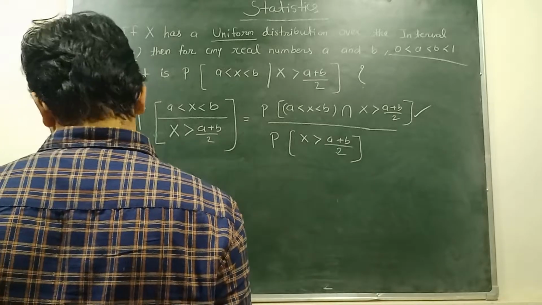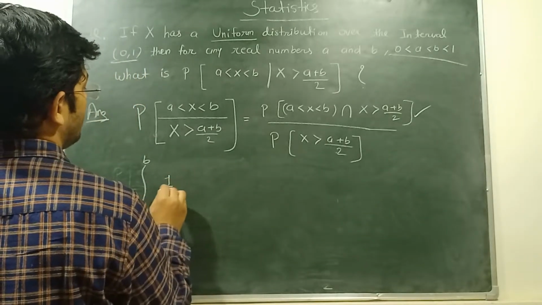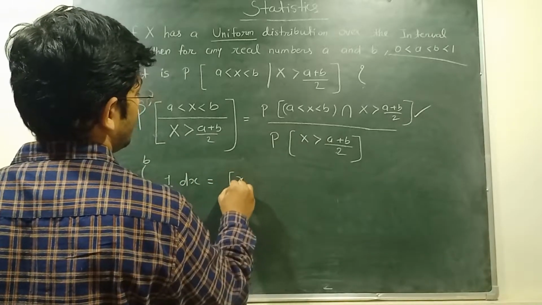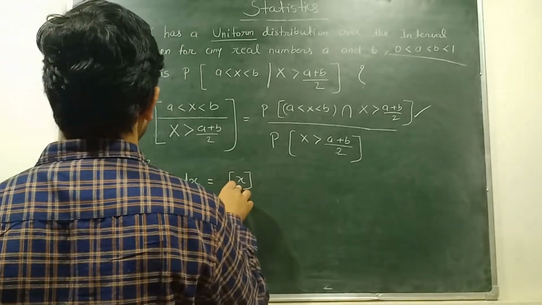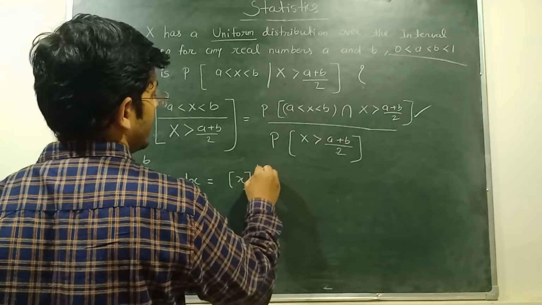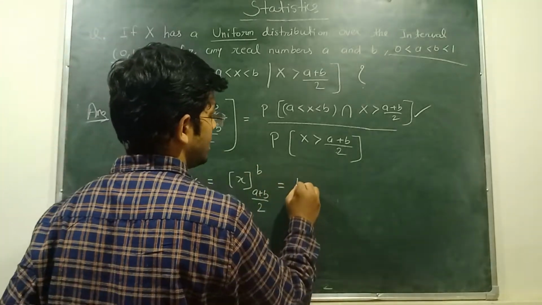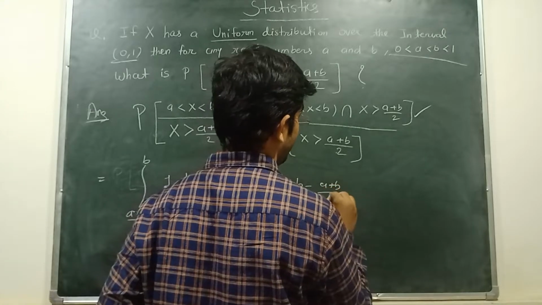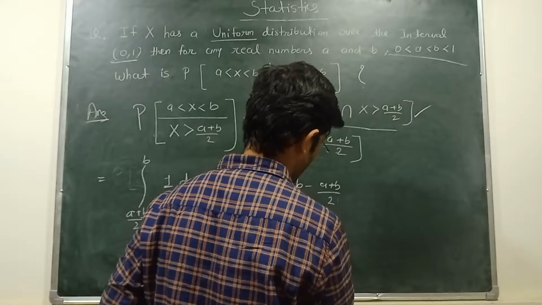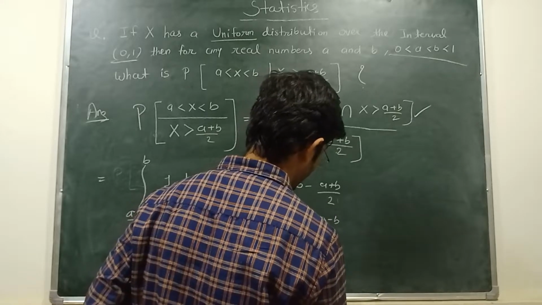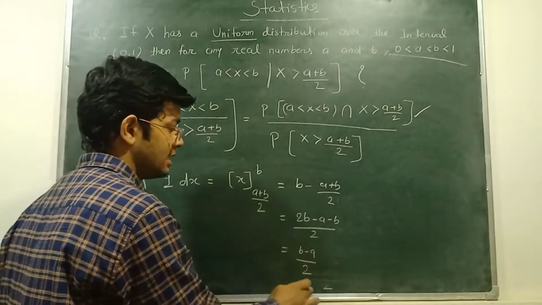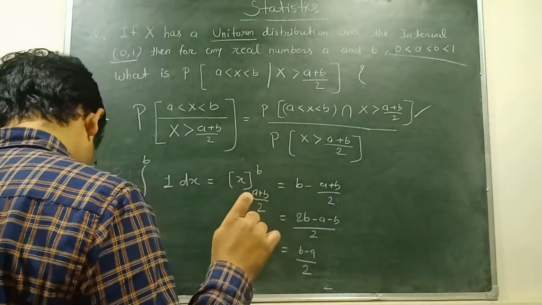Now the function is again 1, and the integral of 1 dx is x, evaluated from (a plus b) divided by 2 to b. That is b minus (a plus b) divided by 2, which is (2b minus a minus b) divided by 2, that is (b minus a) divided by 2. So the answer is (b minus a) divided by 2.